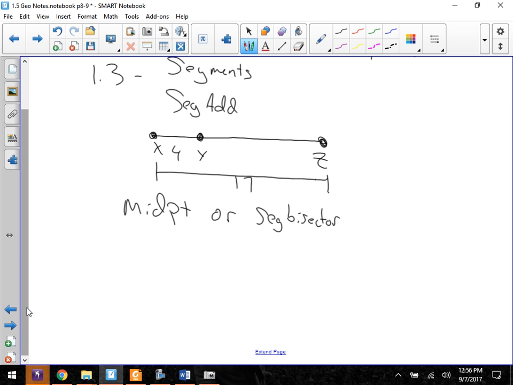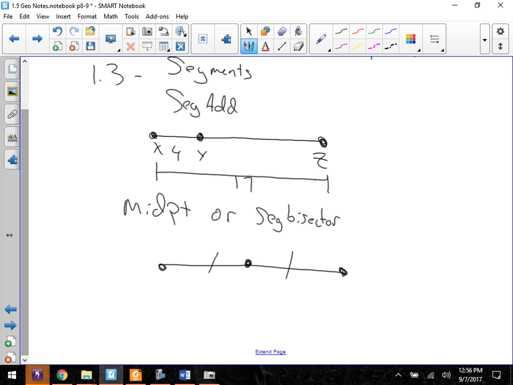It is the point at which creates 2 congruent segments within the segment. Okay? The midpoint is the point. A segment bisector could be anything. It could have been another segment, it could have been a ray, it could have been anything like that. Midpoint meant that. 2 congruent segments. That's what midpoint.